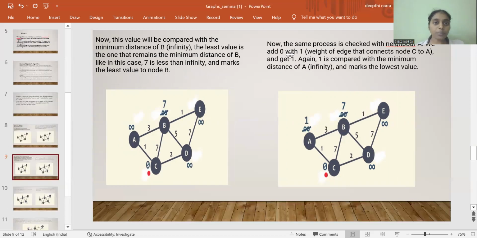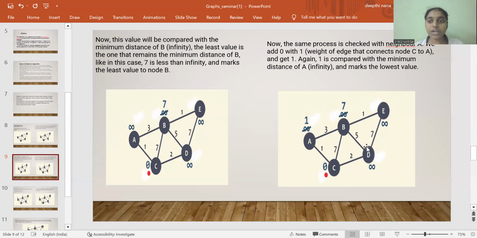Now this value will be compared with the minimum distance of B. The least value is 1, that remains the minimum distance of B. In this case, 7 is the least weight. So the value for the node B is marked as 7. And in the next case, the same process is checked for neighbor A. We add 0 plus 1, the weight of the edge that connects the node C to A, and get 1.